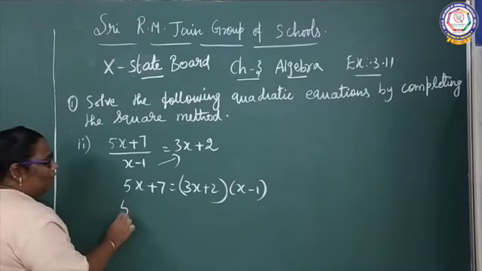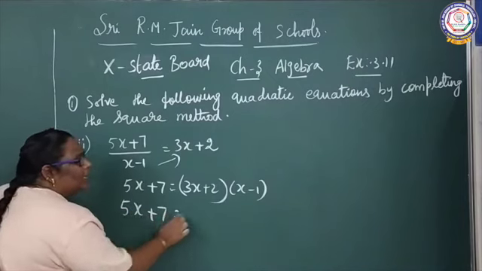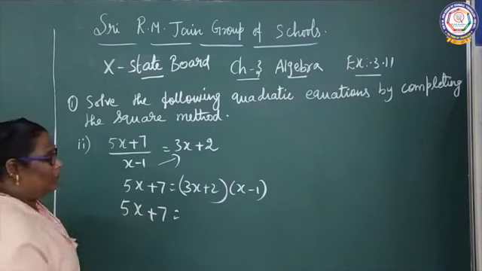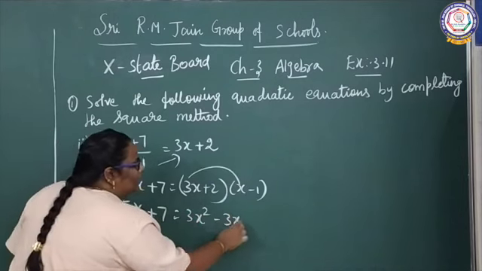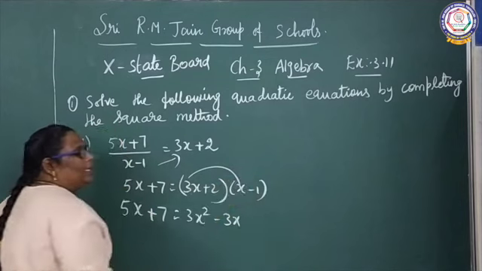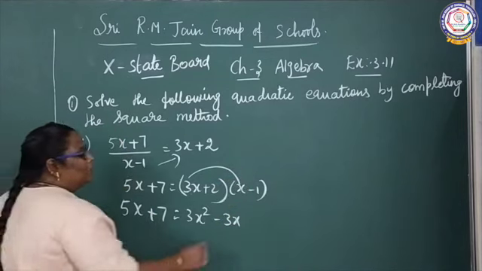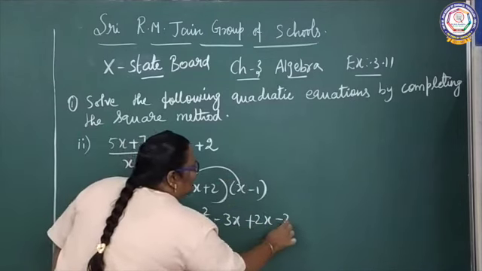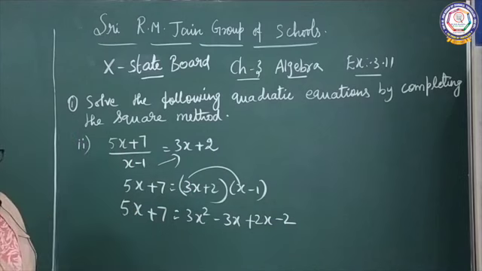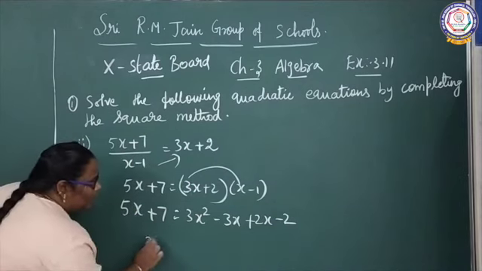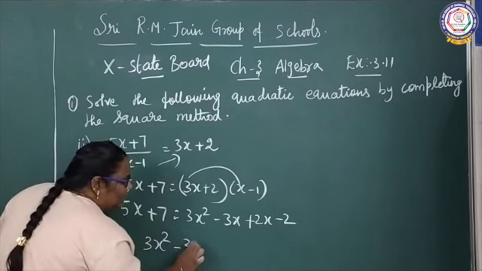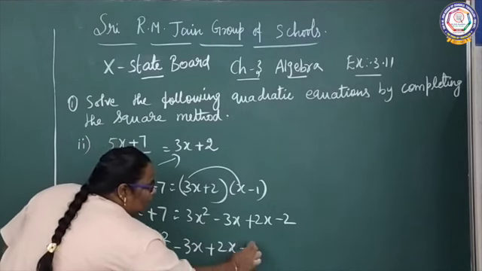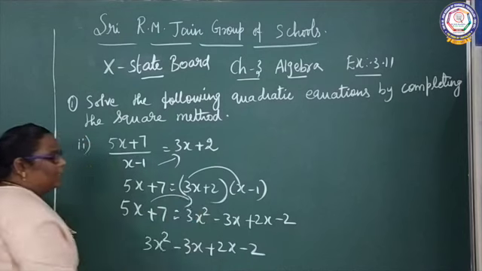See here, 5x plus 7 equal to, you multiply, 3x square minus 3x plus 2x minus 2. You can bring everything to one side.